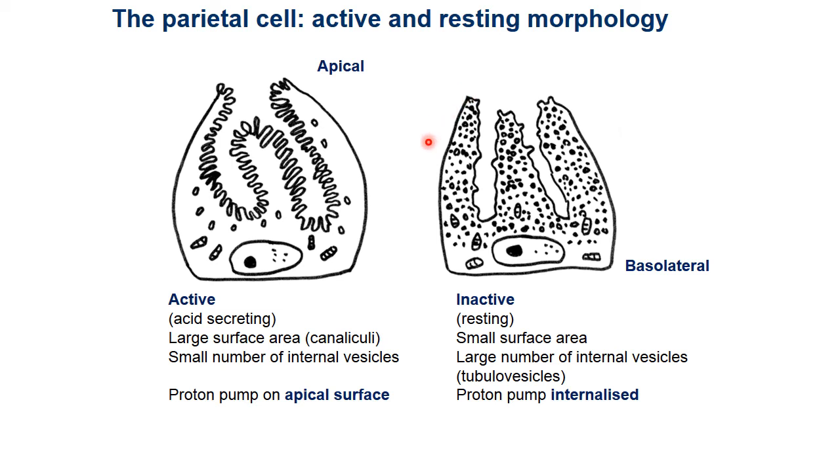By contrast, this is a schematic of an inactive resting parietal cell. So the changes are quite dramatic. The surface area of the apical membrane is much reduced, and conversely the number of internal vesicles is very high, and in this case the proton pump is located on these intracellular vesicles, and the proton pump is inactive.